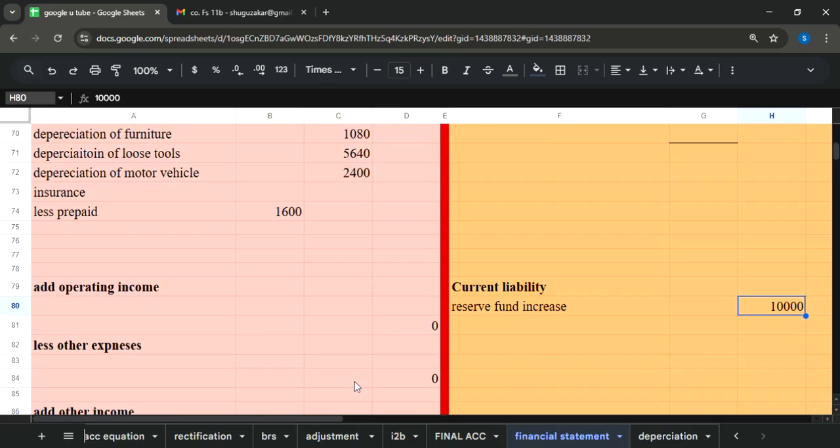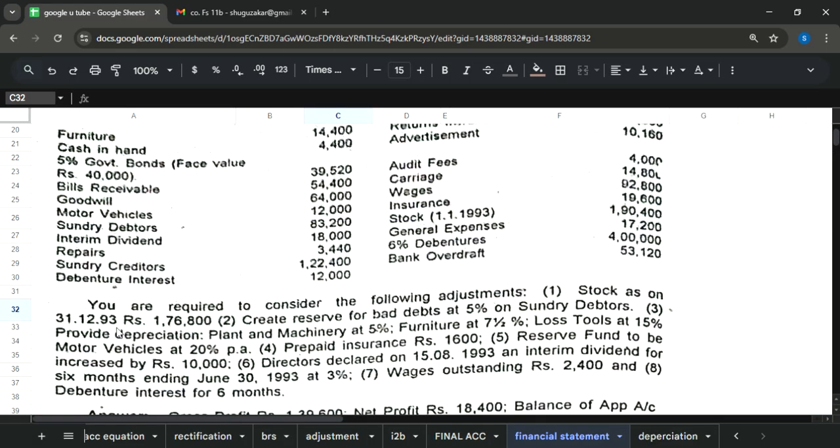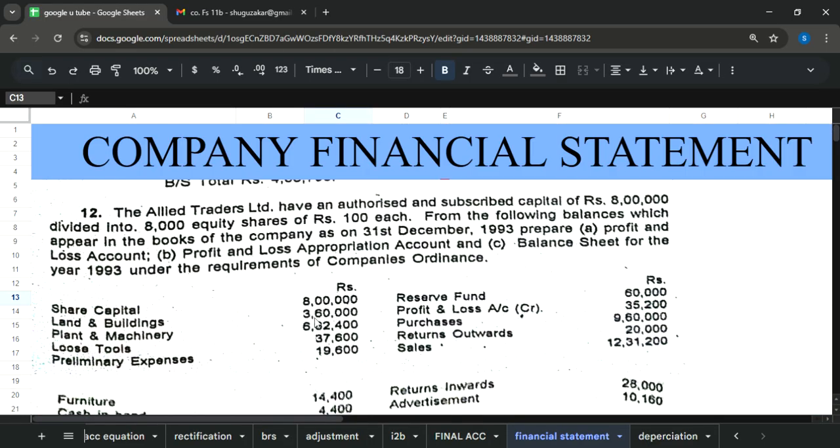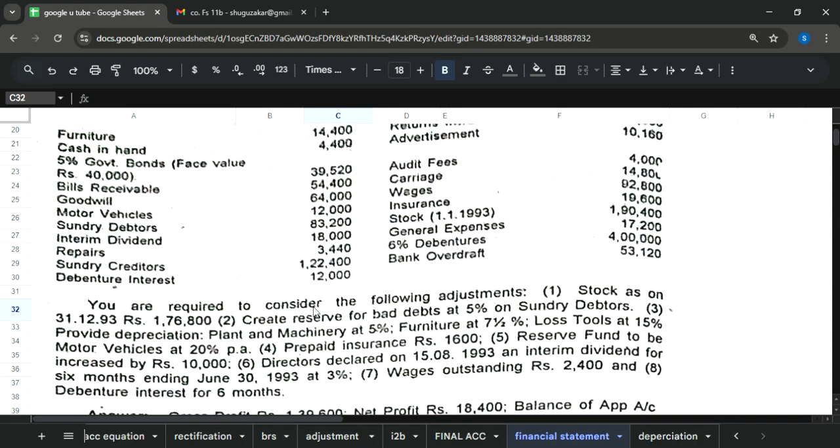Alright guys, interim dividend is also part of appropriation. So here, interim dividend, and please note it down, I am using the lower line of calculation. So dividend needs the amount of capital. The amount of capital is 8 lakh, while the rate of dividend is 3%.